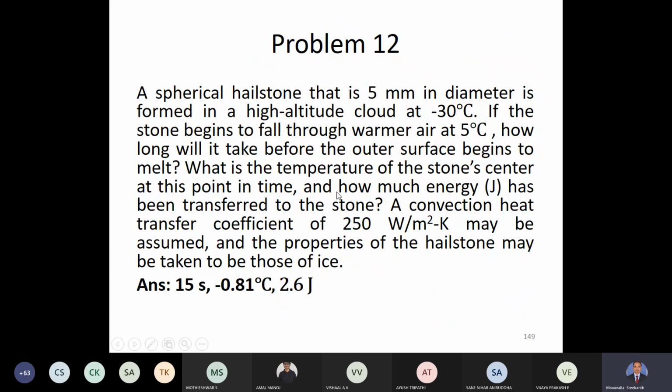And finally, we are asked another question: how much energy has been transferred to the stone? So what is the heat transferred?